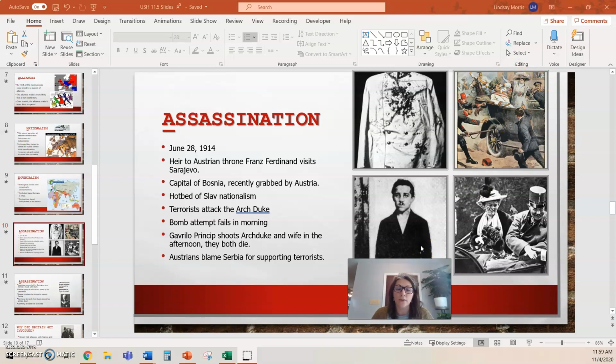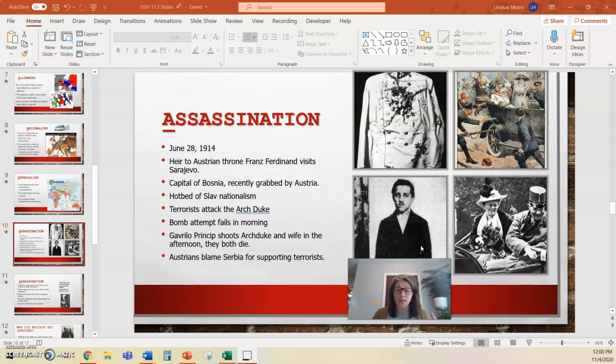So in June of 1914, the heir to the throne of Austria-Hungary, Franz Ferdinand, goes to the capital of Bosnia, which is Sarajevo, which was part of the Austro-Hungarian Empire, but they were a group of nationalists trying to get their own country. And while he's there, he is attacked by, I always butcher the name, Gavrilo Princip, and he shoots the Archduke and his wife, and they both die.